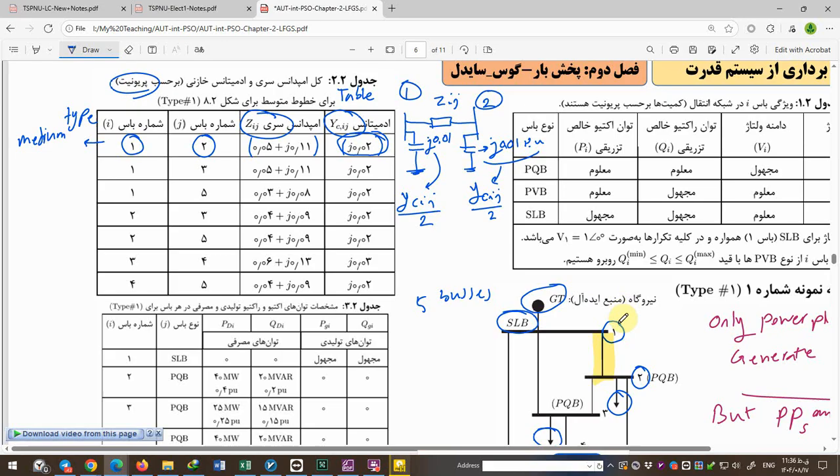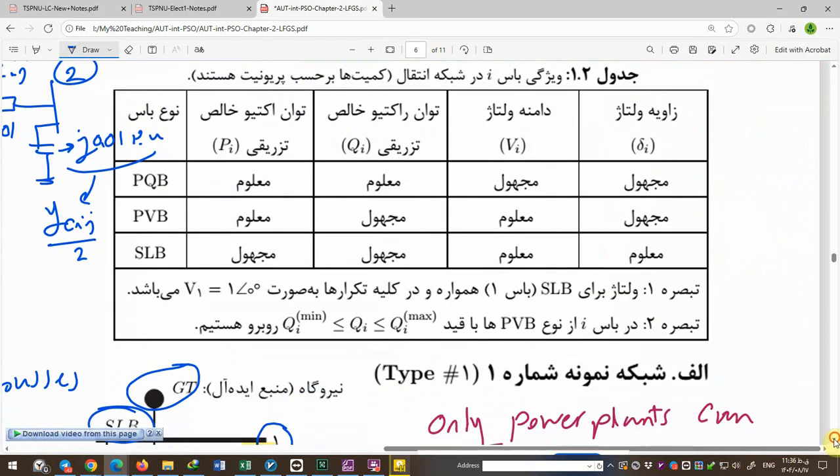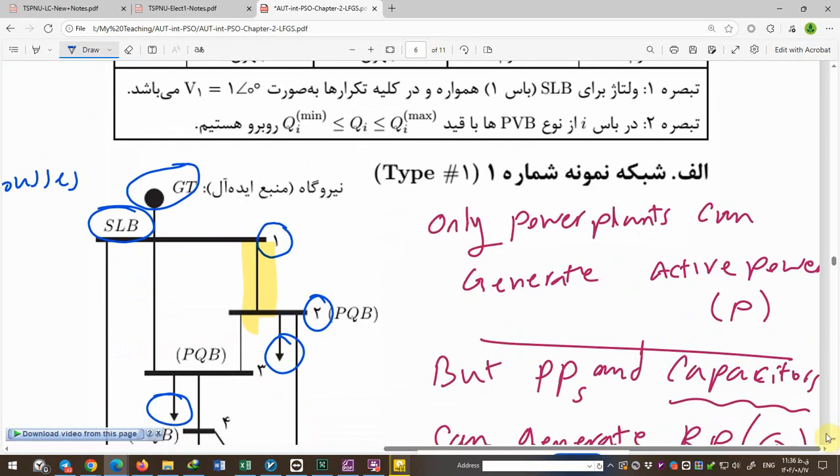And when you want to write it here, you can write it.